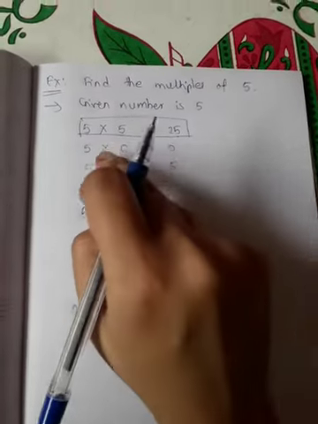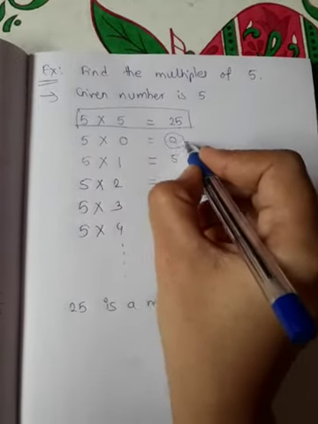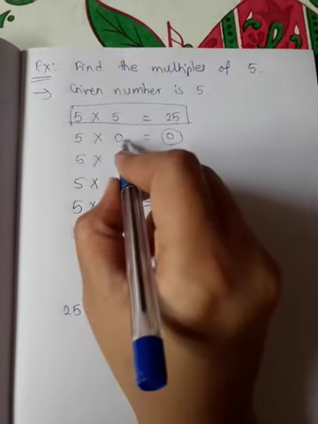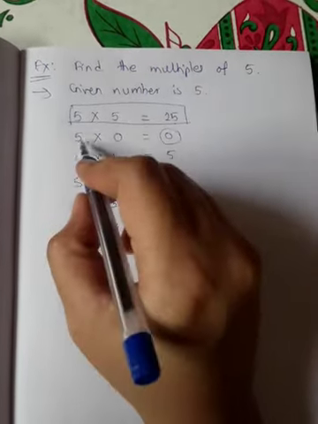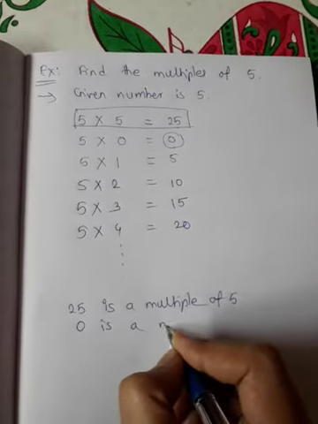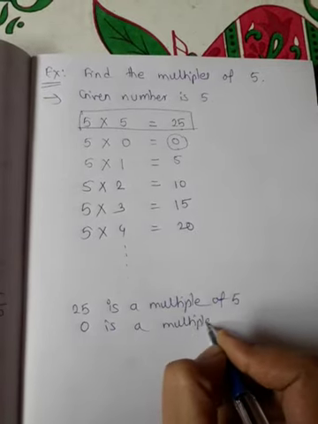Okay, now here also see, here the 0 is the product obtained by multiplying 5 by 0. So multiplying 5 by 0, 0 is a multiple of 5.